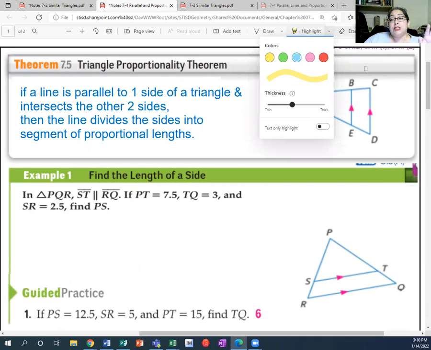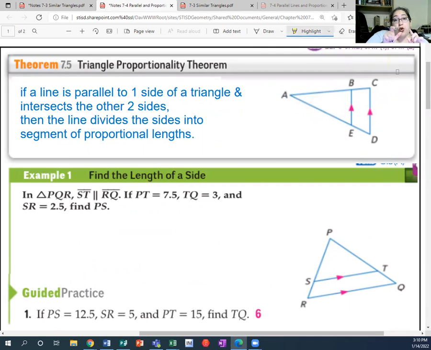But in the problem that we just finished doing, we took one small triangle and checked the ratio against the other big triangle. In this case, listen to what this theorem is saying.